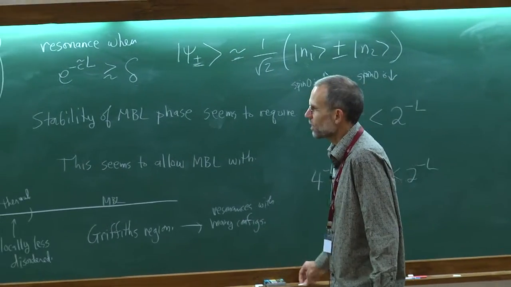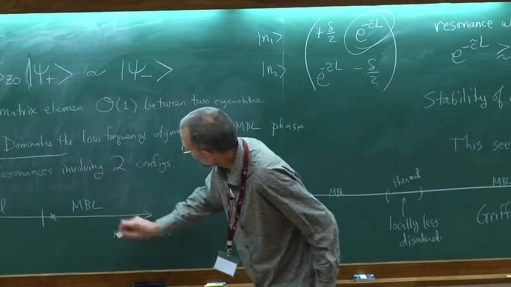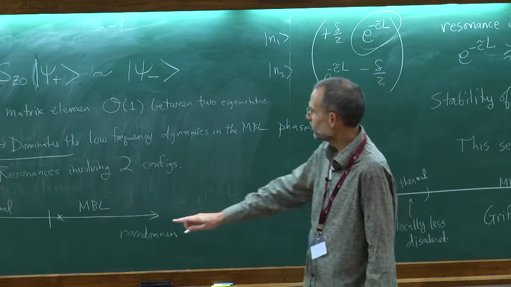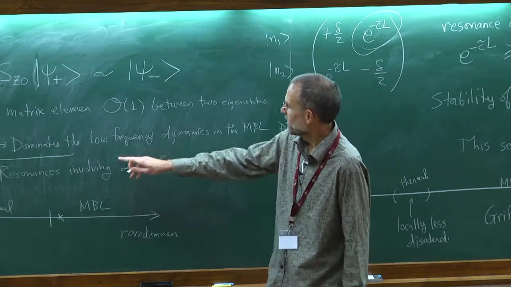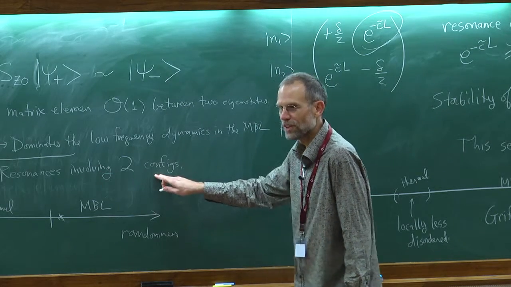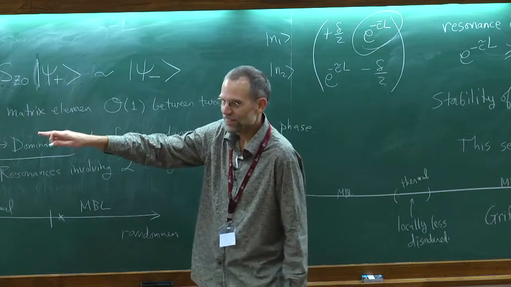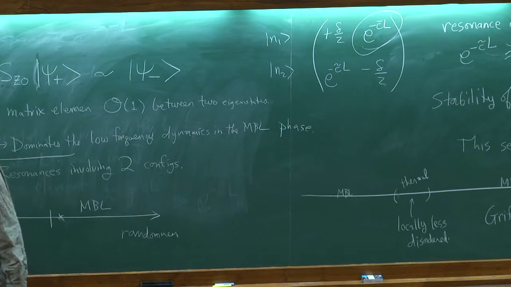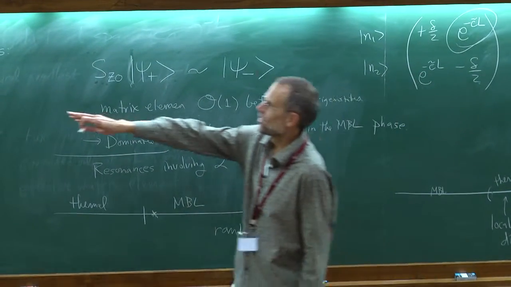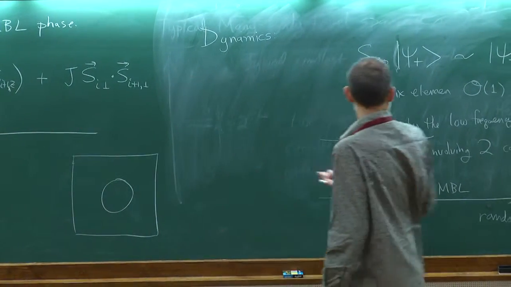And so the picture is, when you're deep in the many-body localized phase and you look at the low-frequency dynamics, it's dominated by these resonances involving just 2 configurations, and you can get those any place. You just pick up special states. So these are due to just special states, not a special region of the disorder in the Hamiltonian.